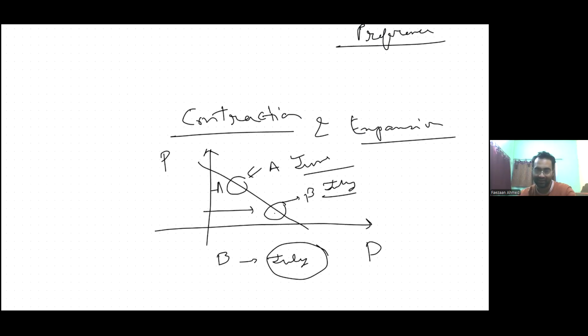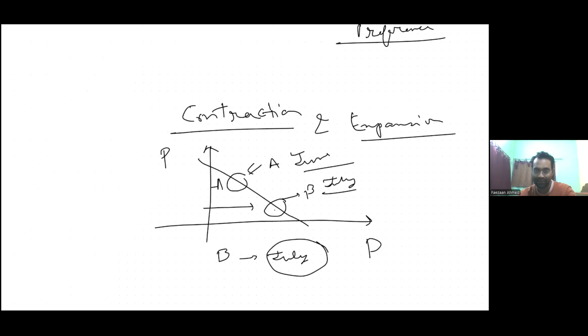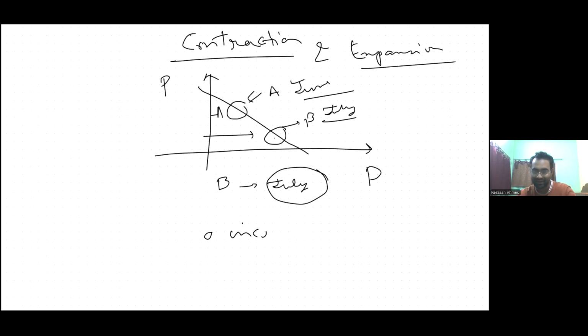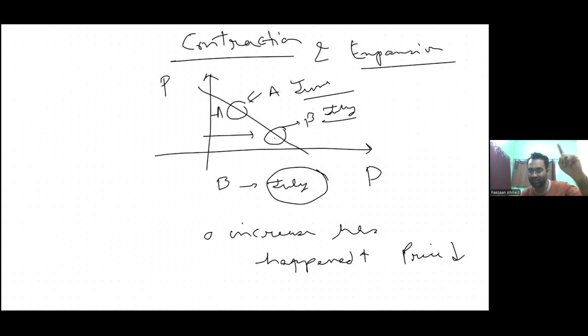Here the increase has happened solely because the price has decreased. If the price had remained the same and other things had changed, then we call it something else, which is what the earlier graphs were about, increase in demand. But this is not because of other factors. This is actually because of the price factor, right?